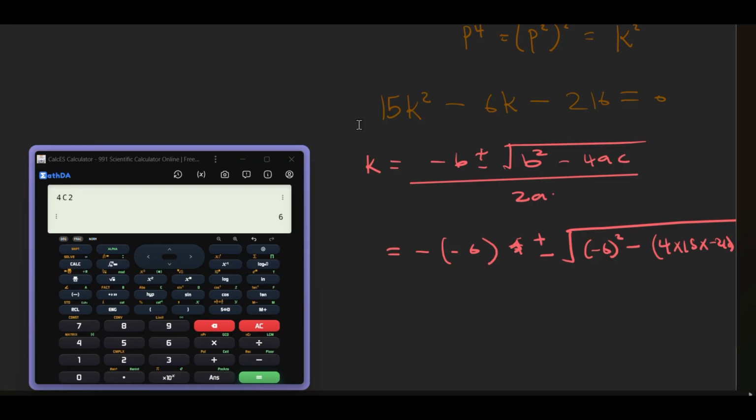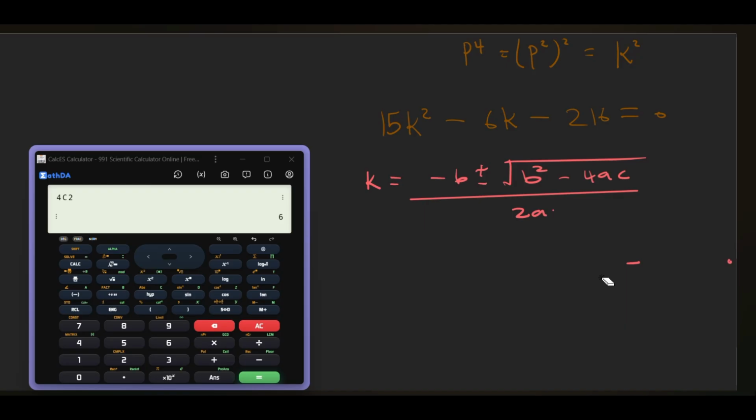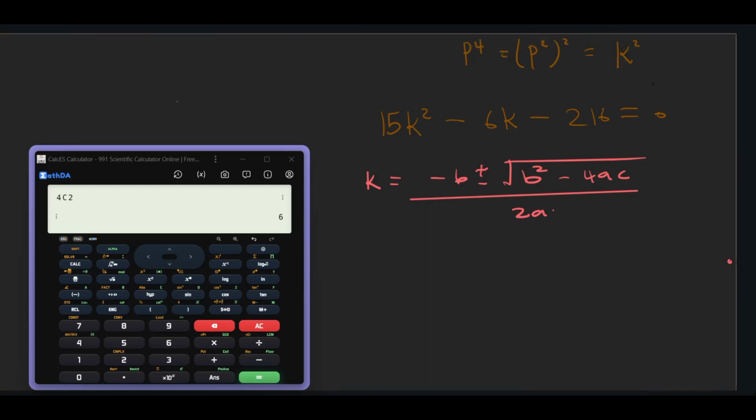Let me just clarify here a bit. I'm getting the values from this equation here, because you can see this is my A, this is my B, and this is my C. So that when I come and substitute, I say k is equal to the minus, where I have B, I put minus 6, plus or minus the square root of B squared.